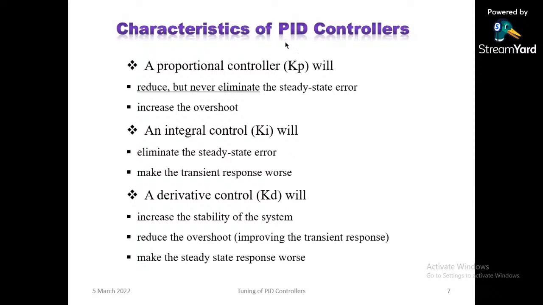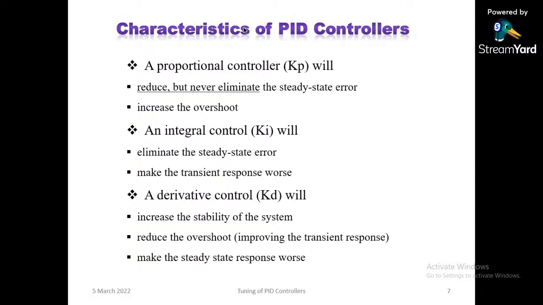Pay attention to this. The proportional controller will reduce but never eliminate the steady state error. Means what? When you introduce a proportional controller, it will reduce the error. Like my existing steady state error is 0.5.